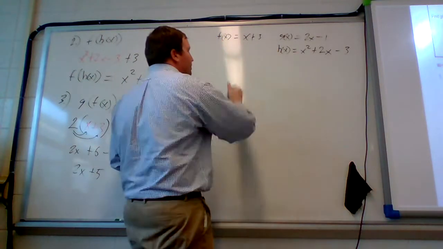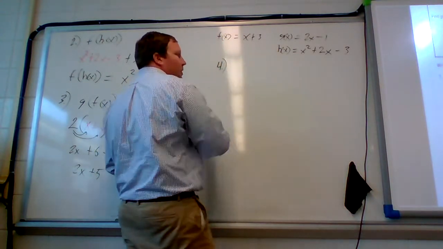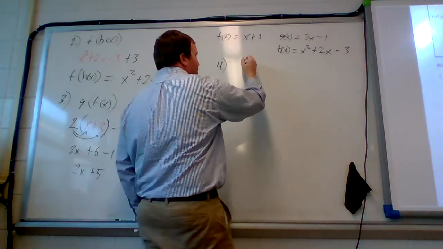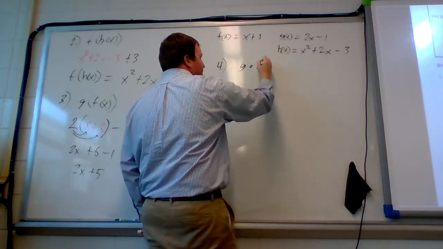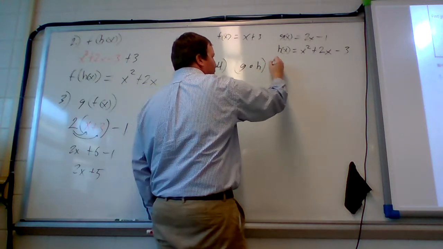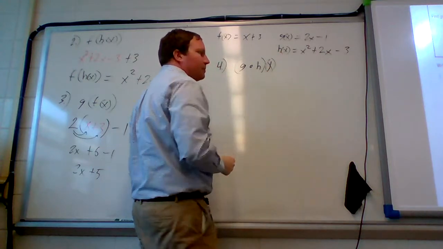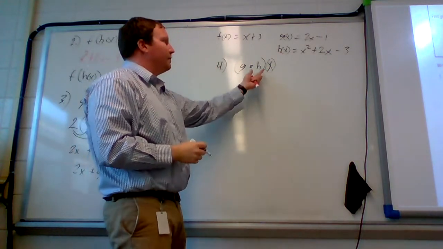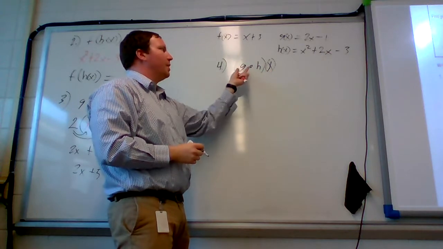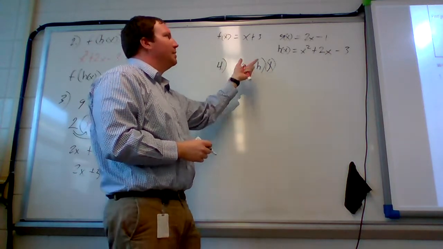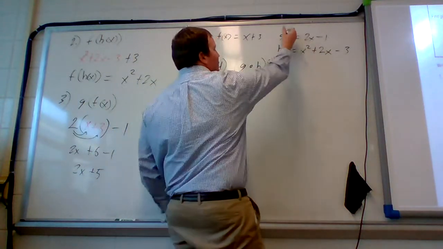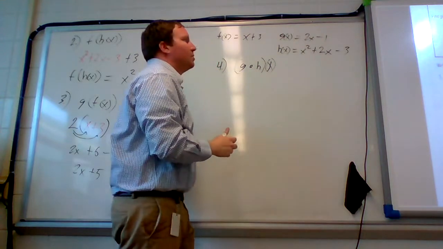Number 4. Again, this is just another way of writing it. We've got g of h of x. So we're taking the function of h, we're plugging it into the function of g. Again, g of x is 2x minus 1.